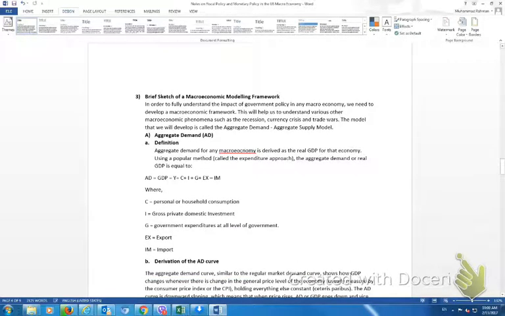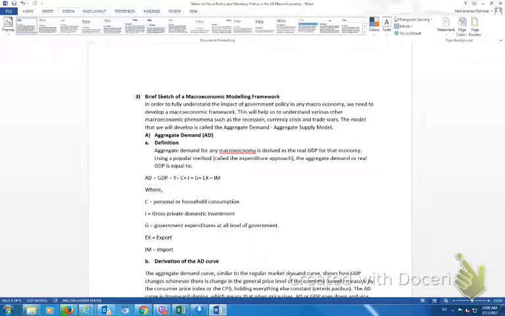Okay, so in order to understand the effect of monetary policy on interest rate and how that interest rate affects macroeconomic outcomes such as GDP and inflation, and causes a variety of macroeconomic events such as recession, we need to develop a macroeconomic model.